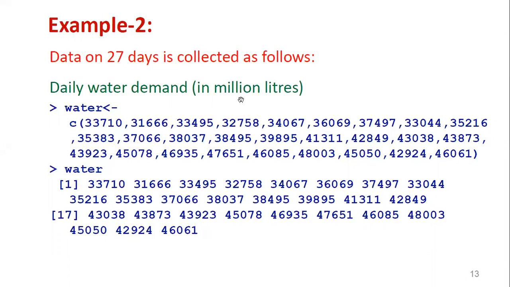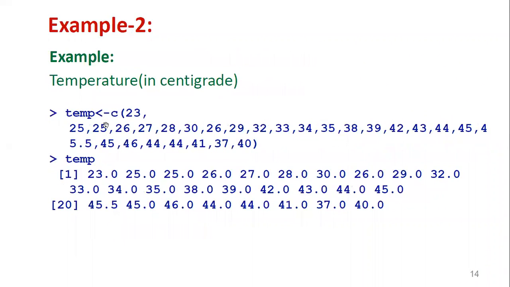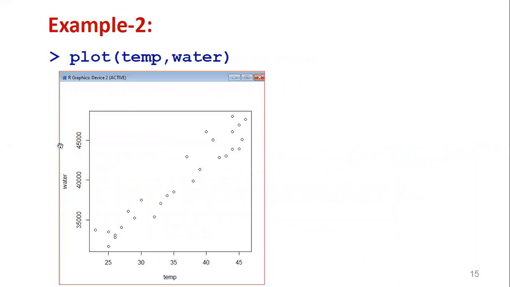Daily water in millimeters: take the vector as water, all the 27 days of water usage. Similarly, temperature: the corresponding temperatures for those days are stored in the vector TEMP. This we already demonstrated in our last lecture.